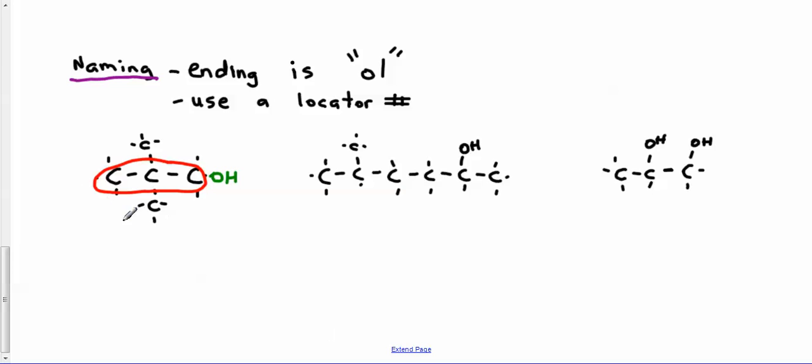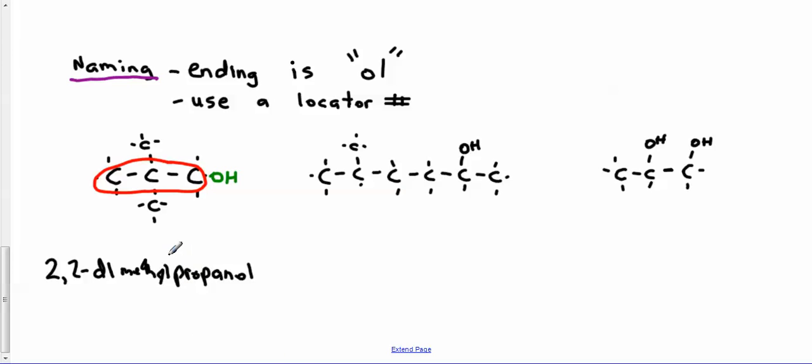I've got two branches sticking off, a methyl and a methyl, off of number 2. So we would call this 2,2-dimethyl propanol.